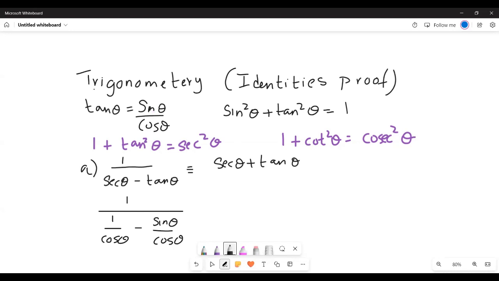So we have 1 upon 1 minus sine theta, whole divided by cos theta. Now in the next step, this can go in the numerator and this can be cos theta upon 1 minus sine theta.